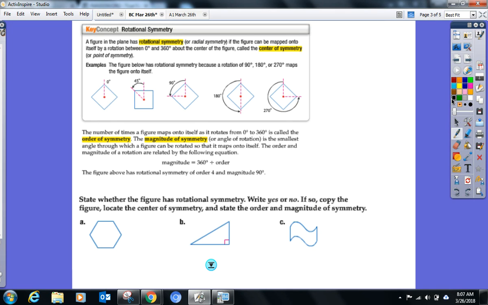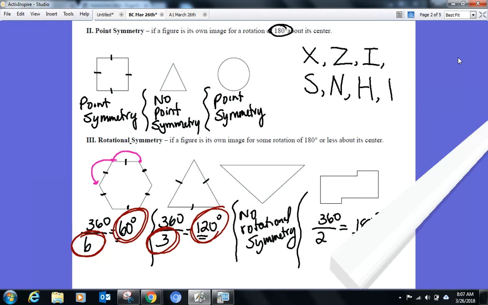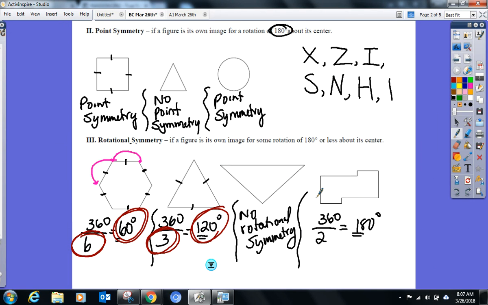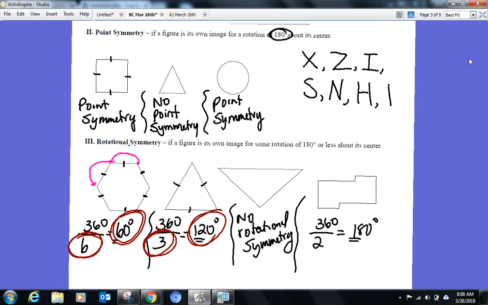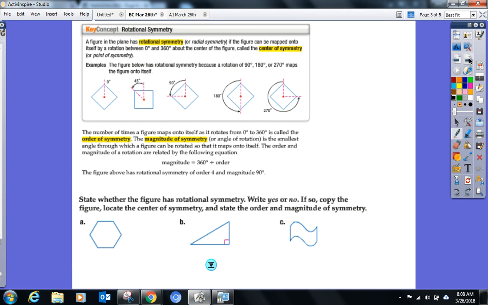Order is the number of times you can rotate it from 0 to 360. So going back, my order would have been 6, 3, 2. And the number of degrees I can rotate it, that's the magnitude. Magnitude is the degree measure.